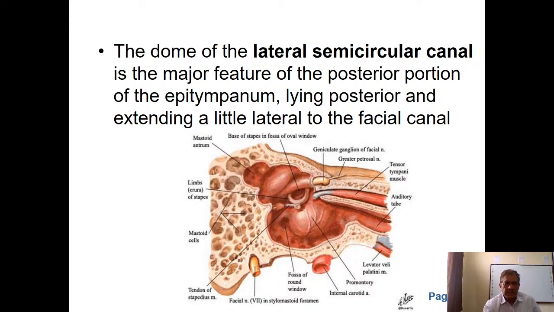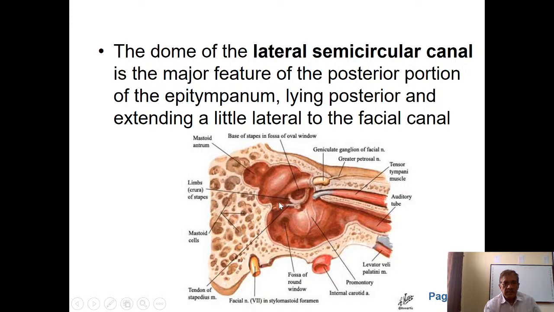Now that is the small pyramidal eminence which is present in the posterior wall. This wall is called the posterior wall or the mastoid wall.